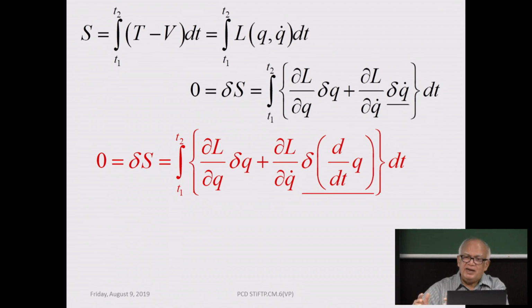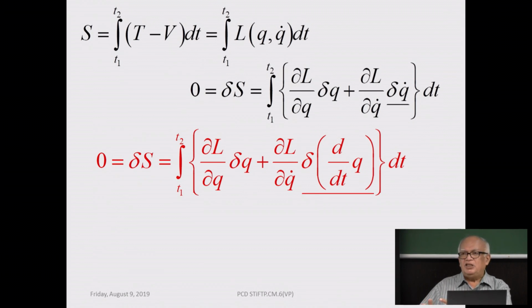So these two are completely independent, and therefore delta q dot is the same as delta of dq by dt. Because these two are independent operations, the corresponding mathematical operators commute. And the reason they commute is because they are completely different operations.